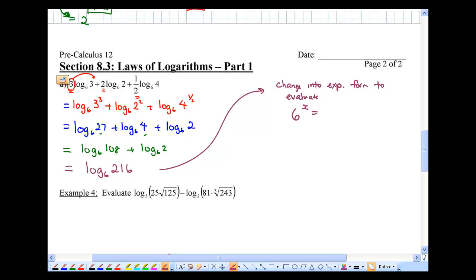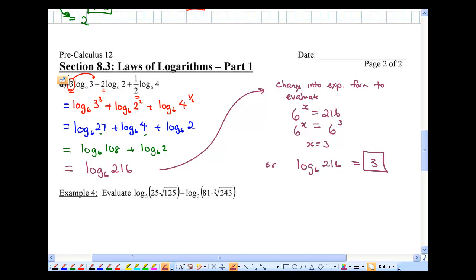Don't know my exponent. That's what I'm trying to solve for. That equals 216. I think 216 is 6 times 6, which is 36 times 6, so that's 6 cubed. So therefore x, of course, equals 3. Or, just knowing this, log base 6 of 216 just equals the number 3. And that's your final answer.